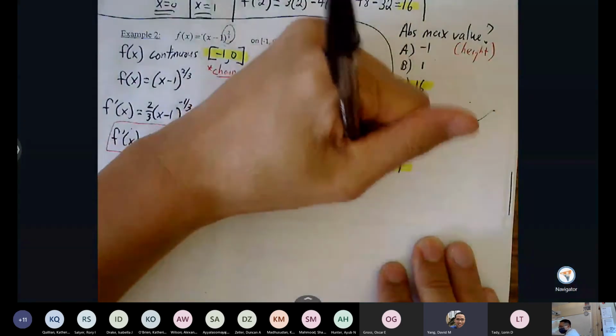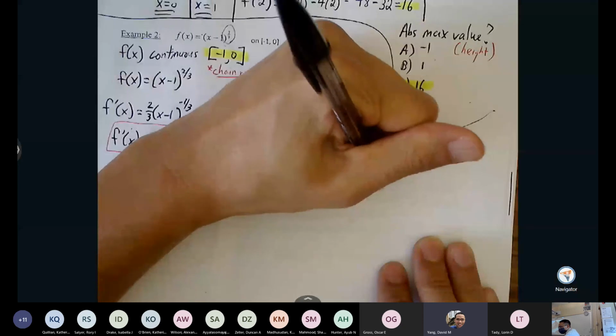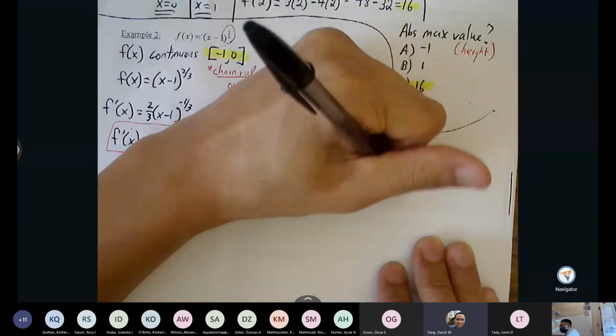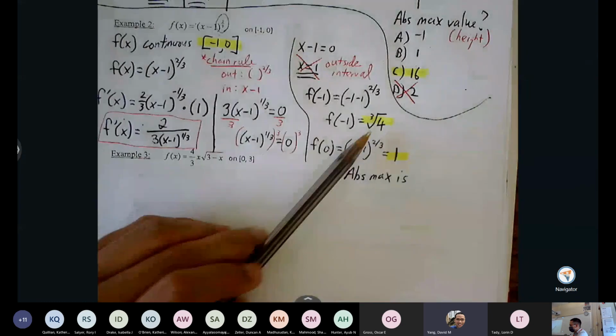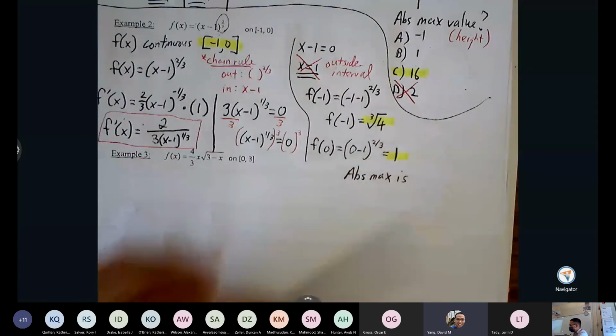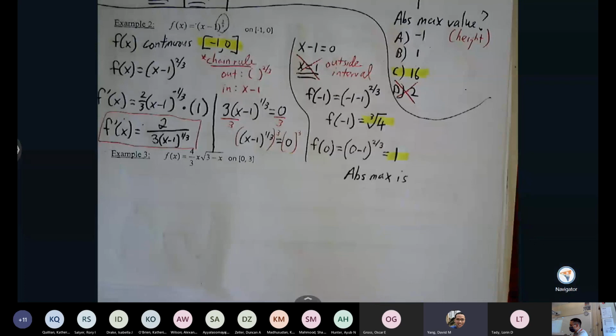So what can we conclude? Absolute max value is what? These are close. These are really close, but cube root of 4 is a little bit larger, right?